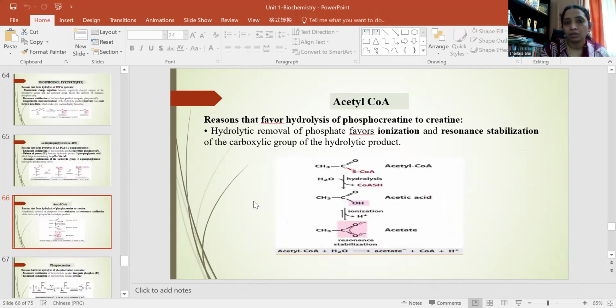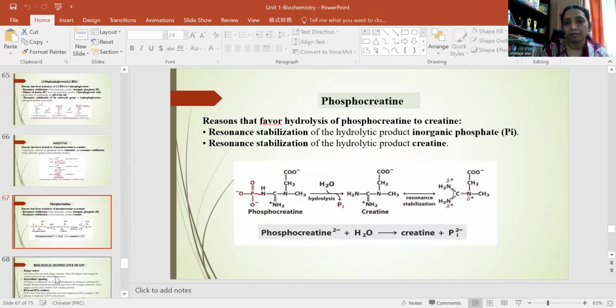Acetyl-CoA again favors the hydrolysis of the acetyl group. It favors ionization and resonance stabilization of the carboxylic group present in the structure. Next example is phosphocreatine. What favors the hydrolysis of phosphocreatine is resonance stabilization of the hydrolytic product inorganic phosphate and resonance stabilization of the hydrolytic product creatine.